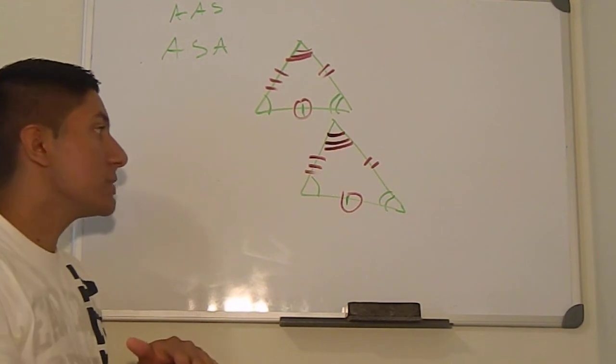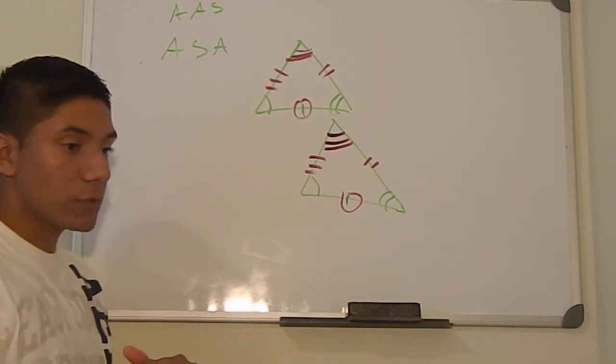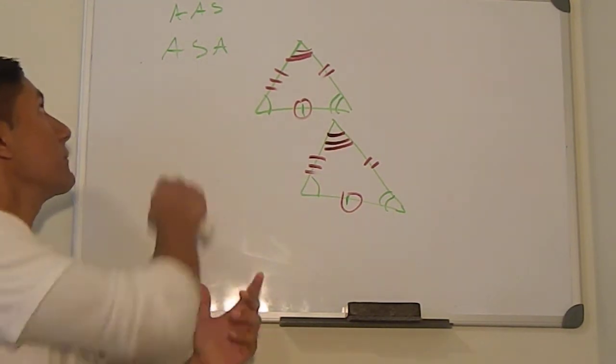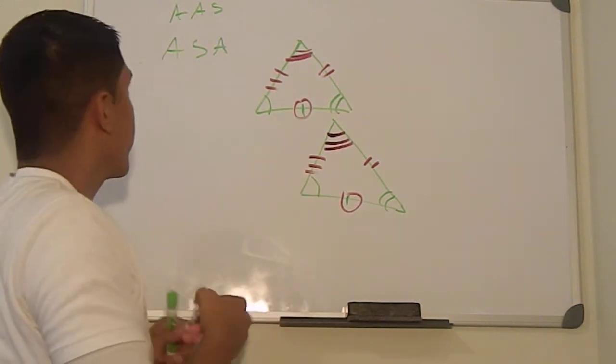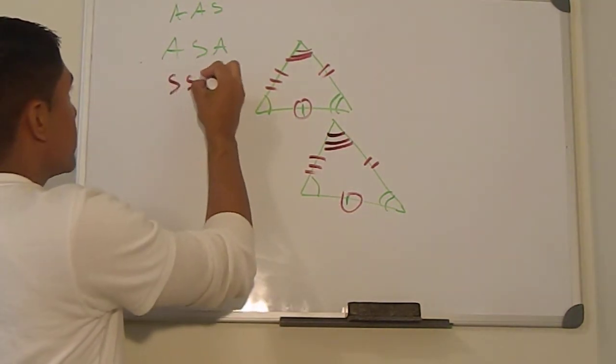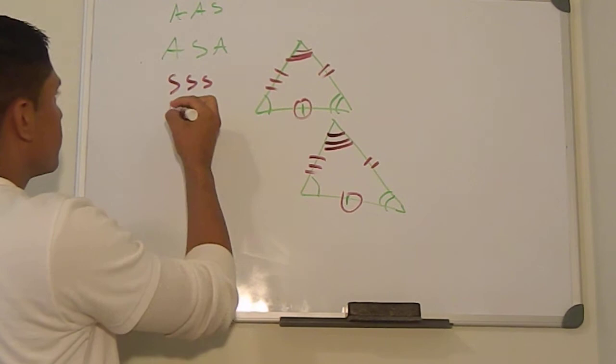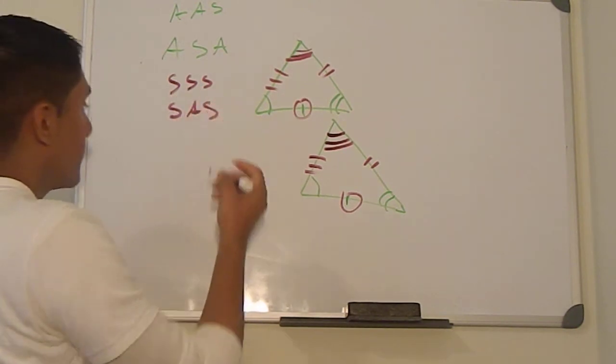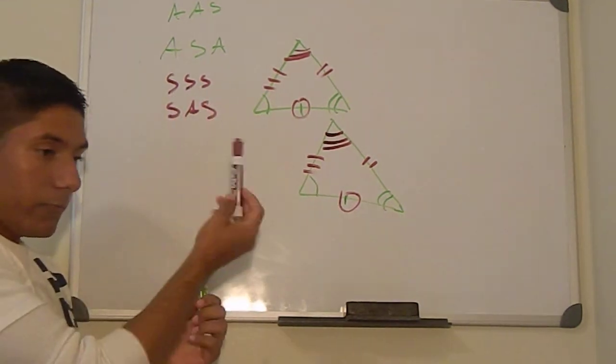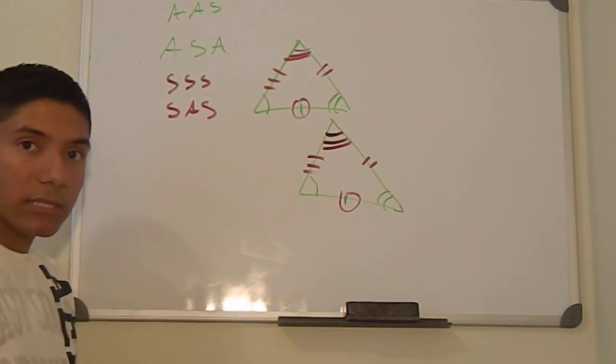That's what you have to ask yourself when you're trying to prove these triangles congruent. And these here, I'll write them out for you: side-side-side, side-angle-side, are the four ones that guarantee it.